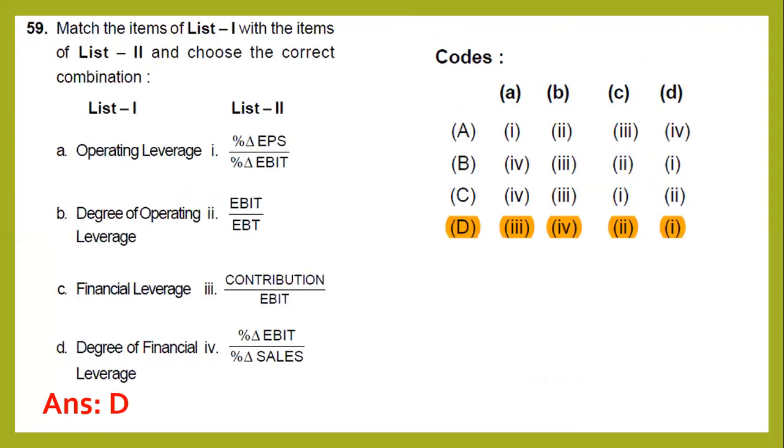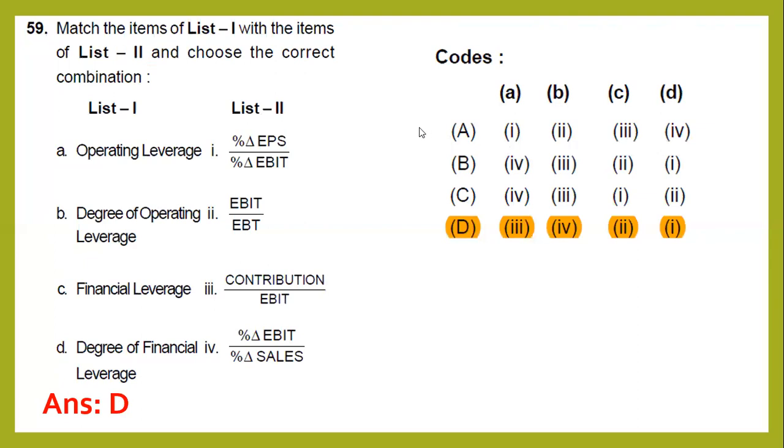So the 59th question: match the following, list 1 versus list 2. The correct option is D. Degree of financial leverage is equal to percentage change in EBIT divided by percentage change in sales. But here different formulas are given. So what is the correct option that you have to find out?